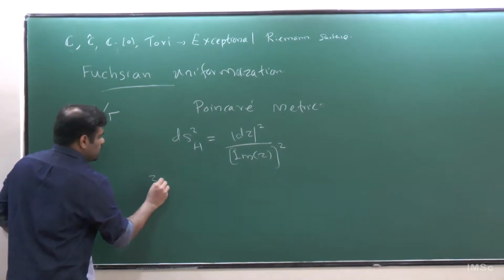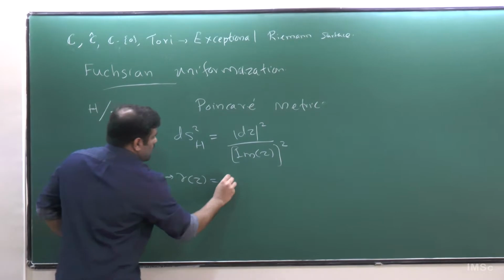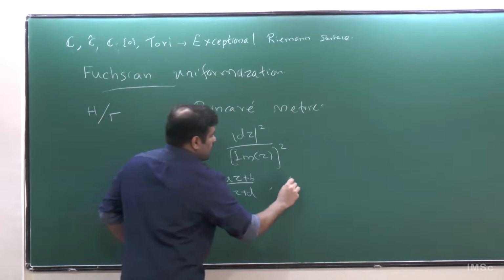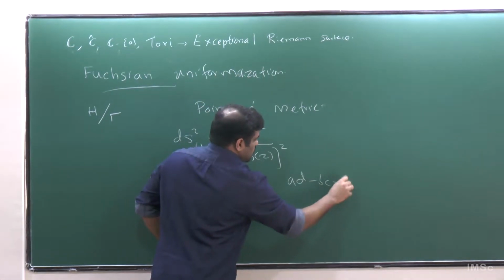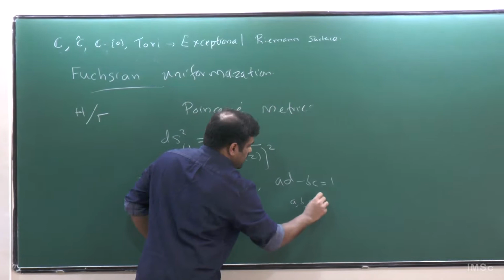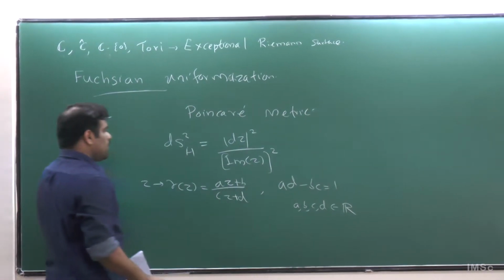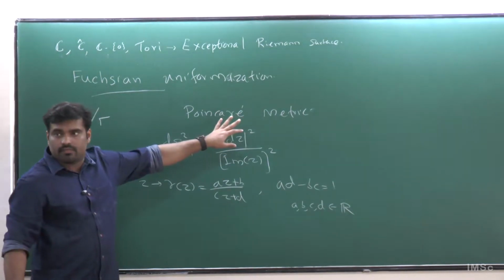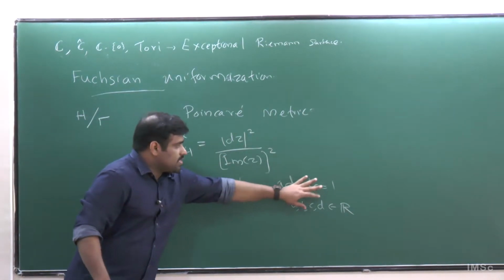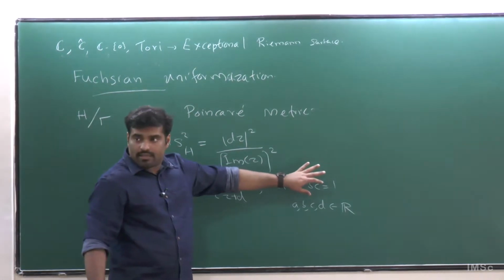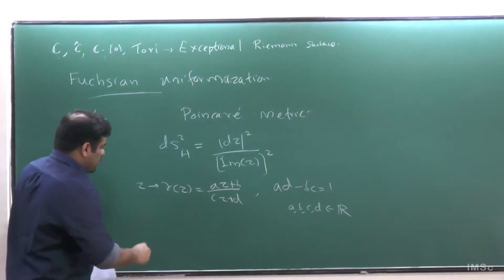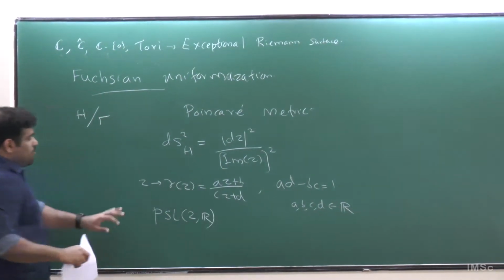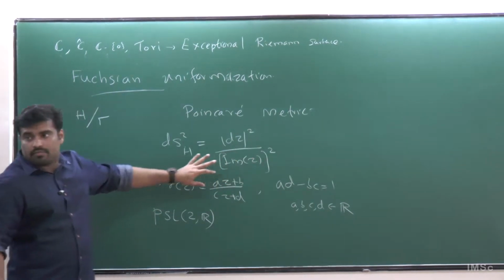If I take c to gamma c, defined by (Ac+B)/(Cc+D) with AD minus BC equal to 1 and A, B, C, D belonging to R, then such a transformation keeps this metric invariant. These elements A, B, C, D form a 2 by 2 matrix, and together they form the group PSL2R. So PSL2R is the isometry group for the Poincare metric.